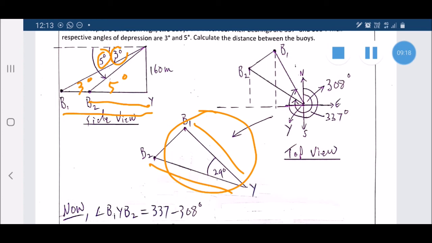So, looking at our side view, we have the opposite side of those two right angled triangles. That's the height of the cliff, 160 meters, and the adjacent sides of both of those respective triangles are B1Y and B2Y.